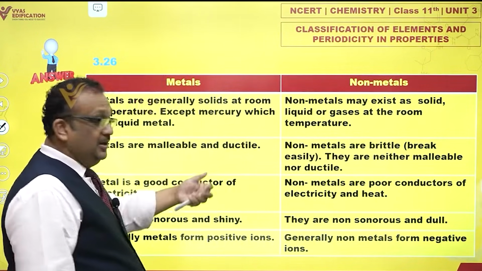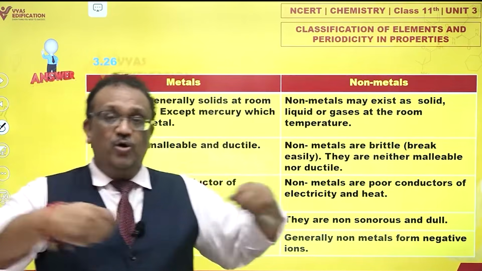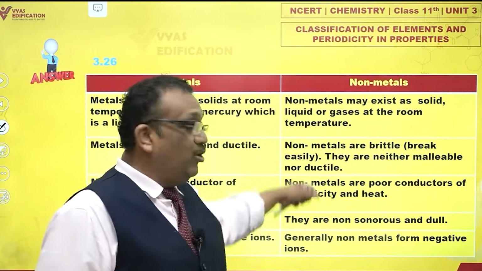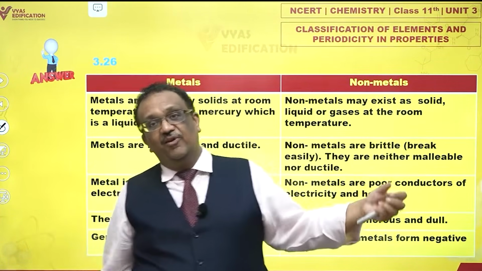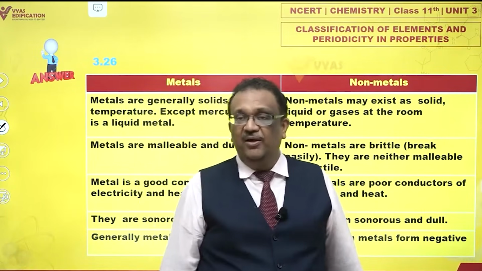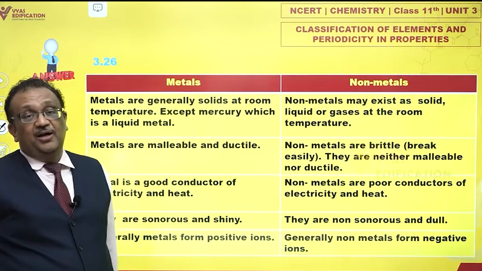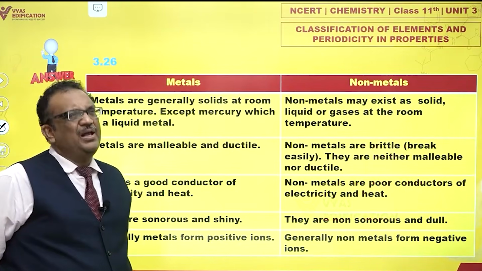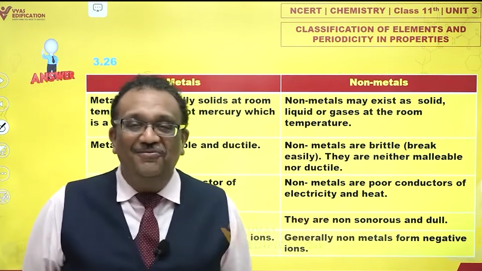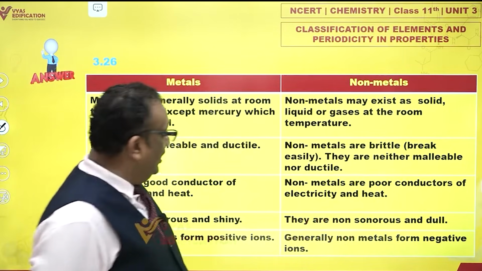Metals are also ductile. If you want to draw them, you can draw them into thin wires. Non-metals are not ductile. You cannot have wires of sulfur or wires of carbon. That is absurd. You don't have them. Metals are usually good conductors of heat and electricity. Actually, they are always good conductors of heat and electricity. What about non-metals?